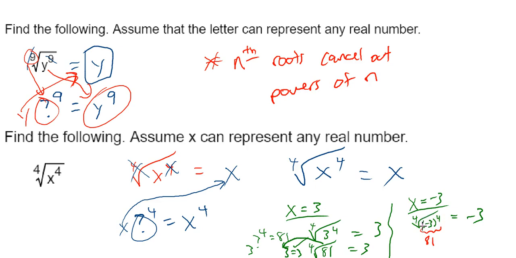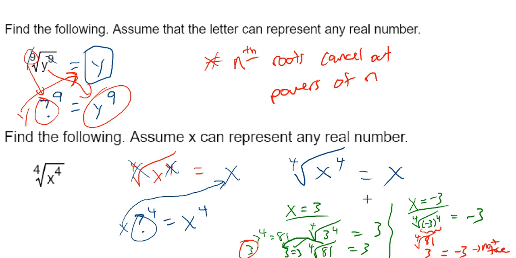Because when you raise a negative number to an even power, the answer comes out positive, because you're multiplying a negative number by itself an even number of times. So all the negative signs cancel each other out and you get a positive answer. And then the fourth root of 81 we just talked about is 3. So we're going to get 3 equals the right-hand side, which is -3, which is not true.